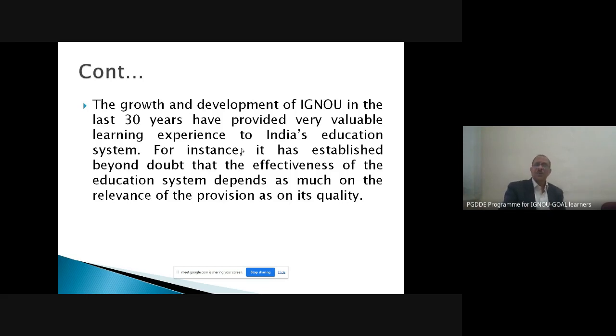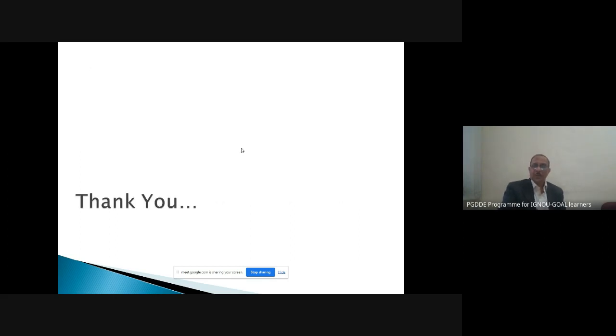It has established beyond doubt that the effectiveness of education depends very much on the relevance of the provision and its quality. Any educational institution's effectiveness depends on what type of quality you are providing. IGNOU from day one believed in quality, and as I said, IGNOU got its name initially itself through its design of the programs, development of the material, etc. This is how we think.